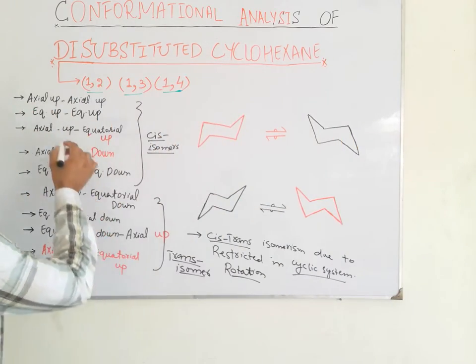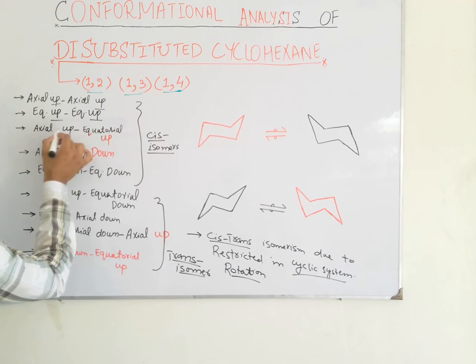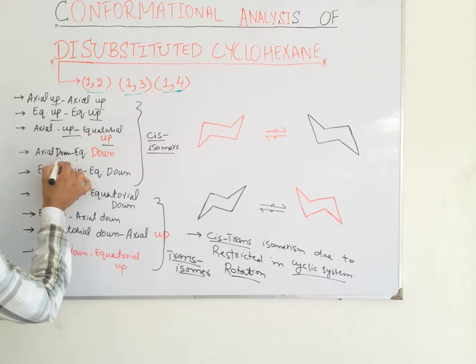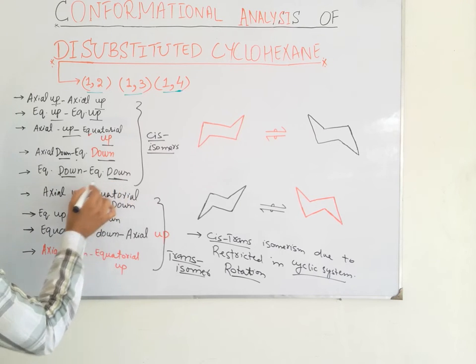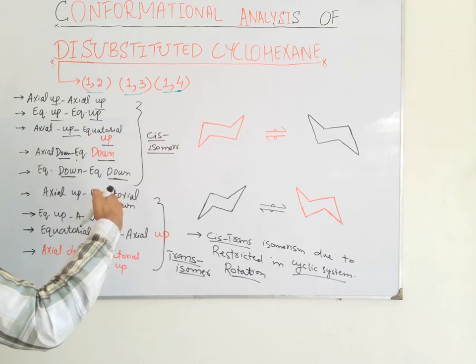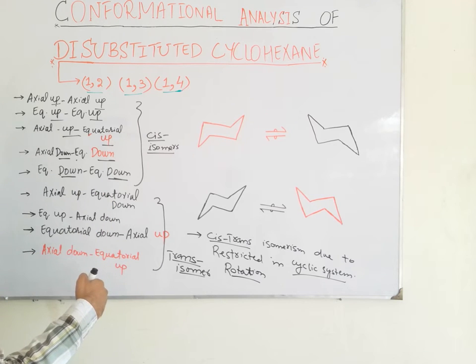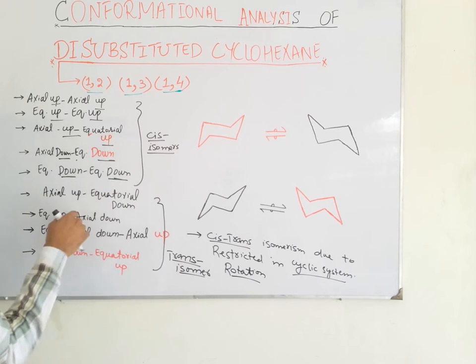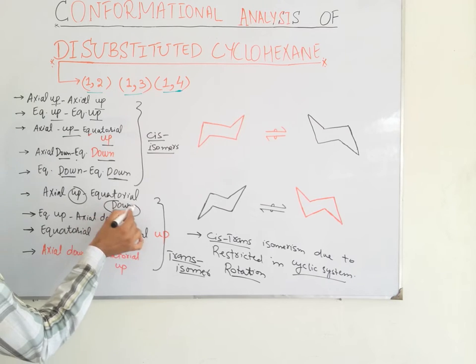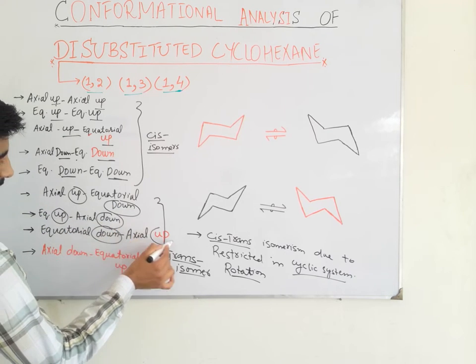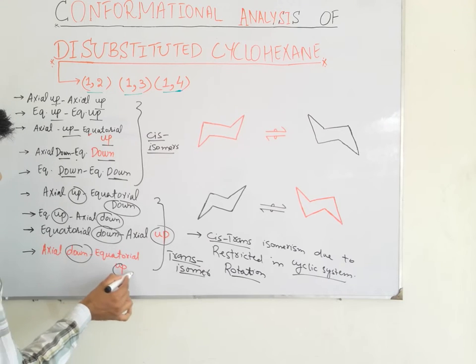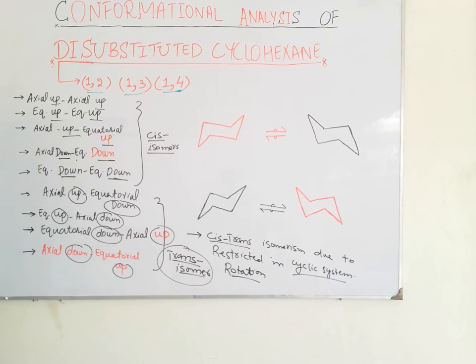So if both groups are up or both are down, they are cis isomers. If one is up and the other is down, they are trans isomers.